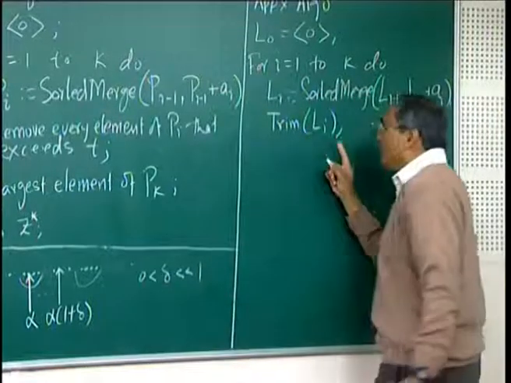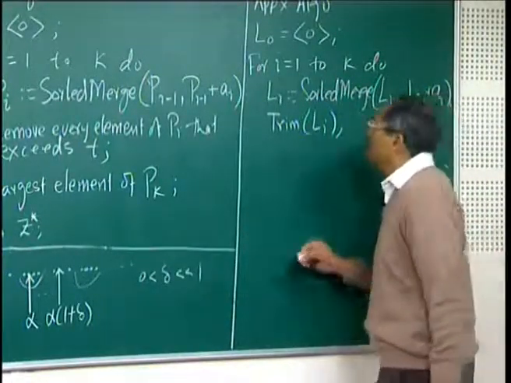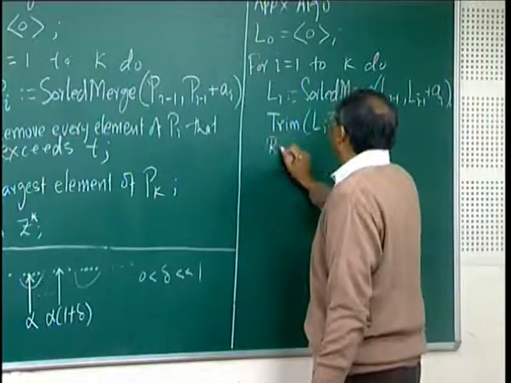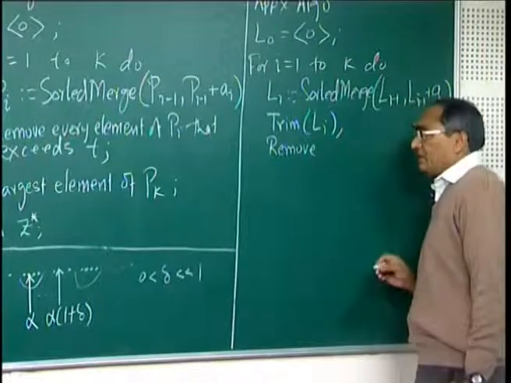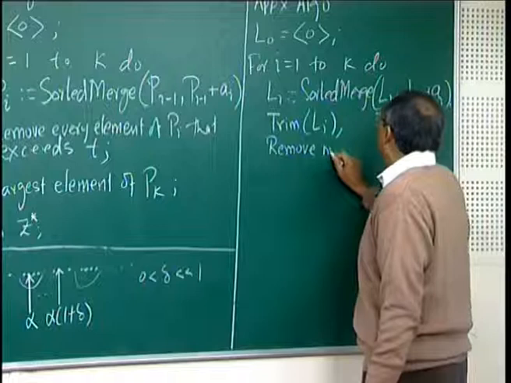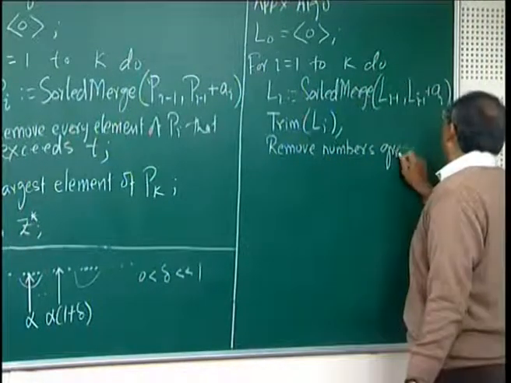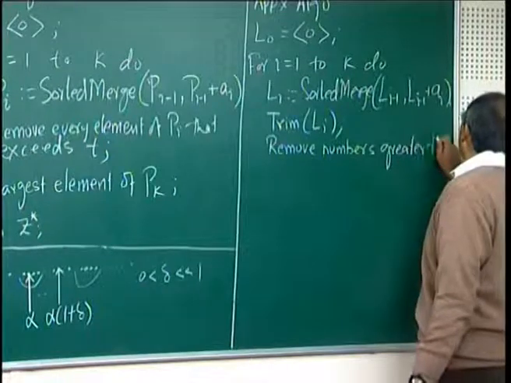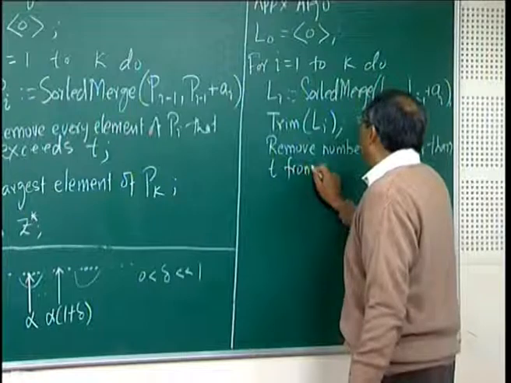Now, this is the step that will basically do this, and then remove the larger numbers: remove numbers greater than t from Li.